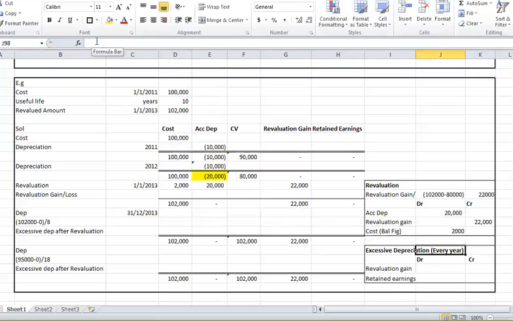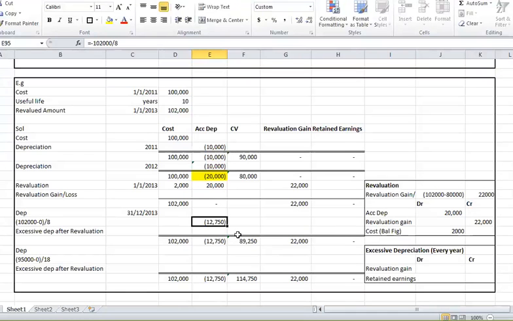Now we will charge depreciation: 102,000 divided by 8. This is the depreciation after revaluation, revalued amount divided by remaining life at the date of revaluation.